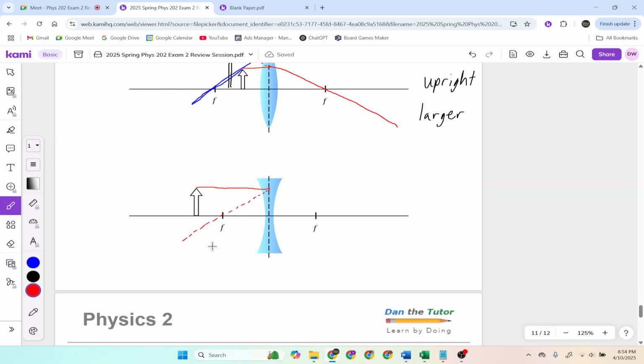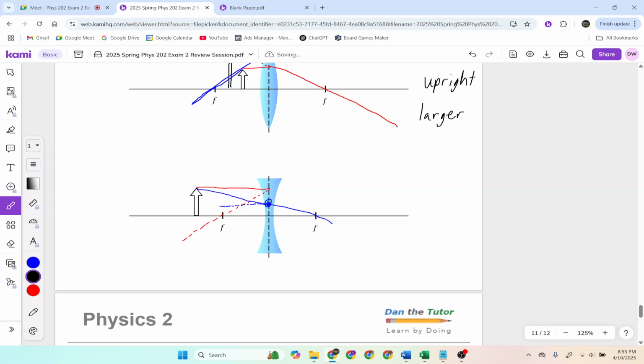I did that intentionally. Then the second line is going to bend through F like that. But notice right here, I hit the lens, right? So as soon as I hit the lens, I'm supposed to go straight. But obviously I don't intersect, so I actually go straight in the backwards direction.